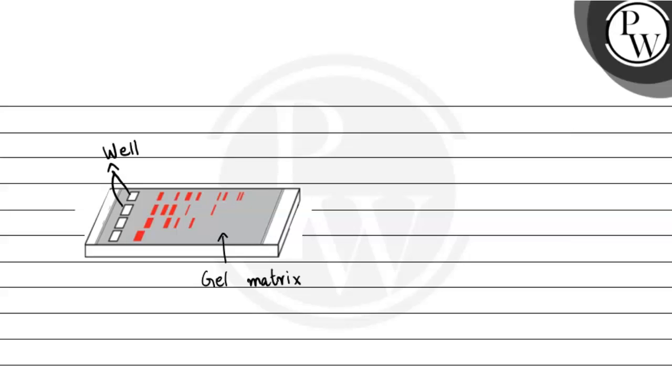So these are the wells in which the sample, that is the DNA sample, is loaded. Then this end, so the end where the wells are present, that end of the gel is connected to the cathode, and the other end present, which is opposite to the wells, is the anode.